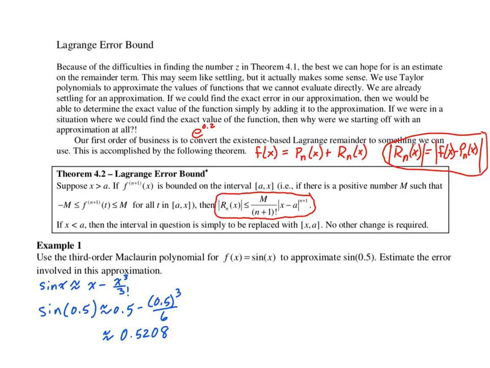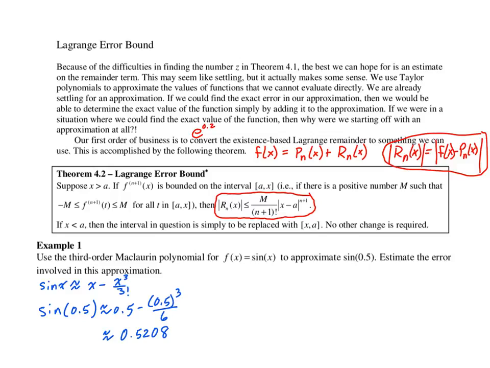All right, so that is our approximation for the sine of 0.5. So we want to find out, if that's our approximation, how accurate is this? What is our error? What's the maximum of our error that we could possibly be within?